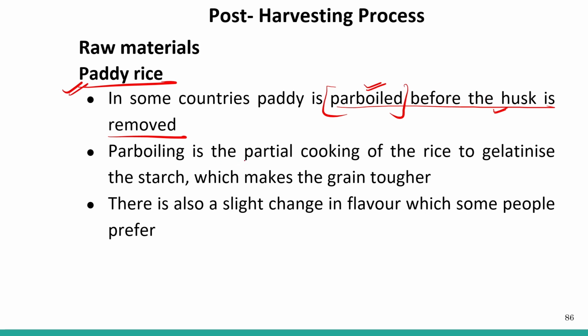Parboiling is the partial cooking of the rice to gelatinize the starch, which makes the grain tougher, but the husk, the outer covering, is removed by this partial cooking. There is a slight change in the flavor which some people prefer.